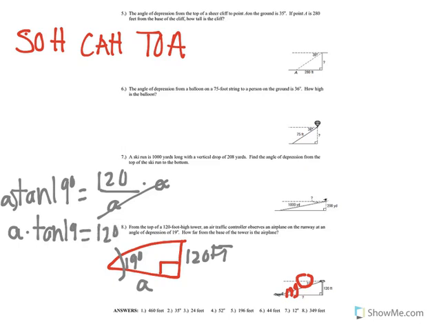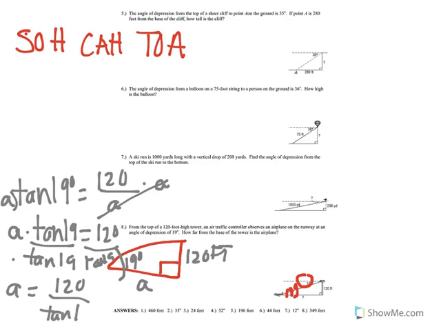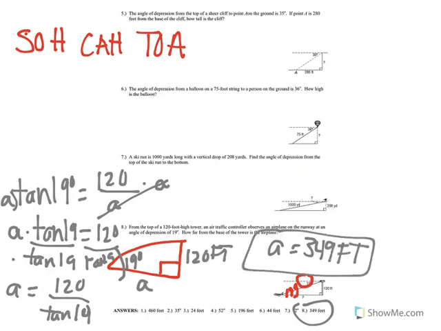To solve for A, you're going to divide both sides by the tangent of 19. And now you get A equals 120 divided by the tangent of 19. Again, make sure you're in degree mode. When you check, you should get A equals 349 feet. Make sure, since we're talking about angle of elevation and depression, we are going to use our units.